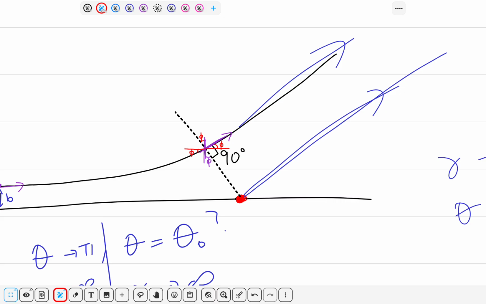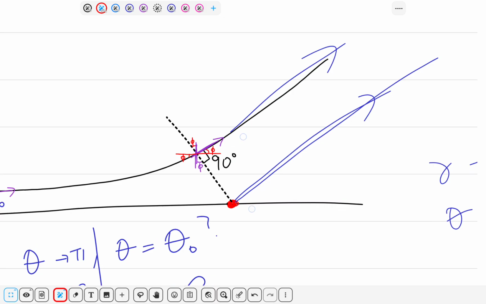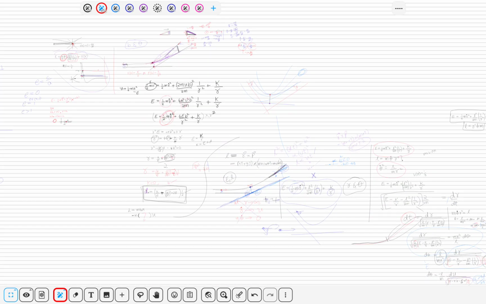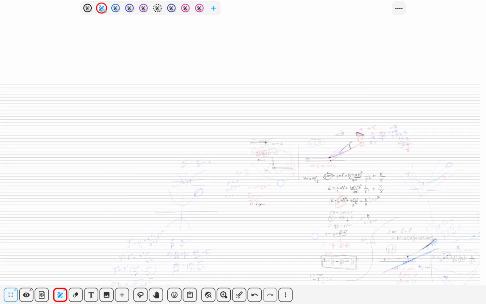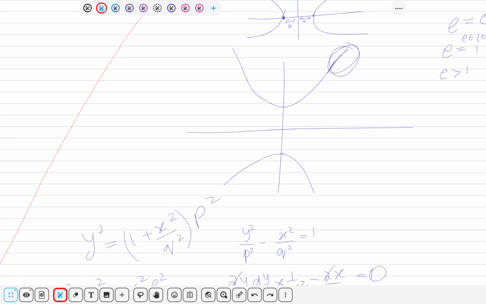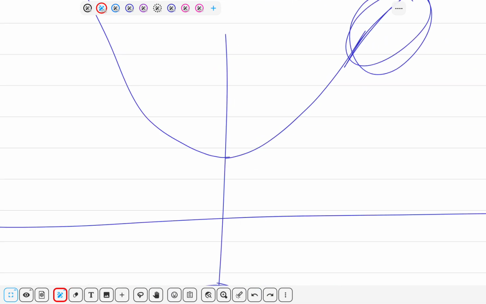It's very much painful, I would say. It doesn't matter how many times I analyze a hyperbola, I just get brutally beaten down. Okay, I have drawn a hyperbola here before, so let me see this itself.